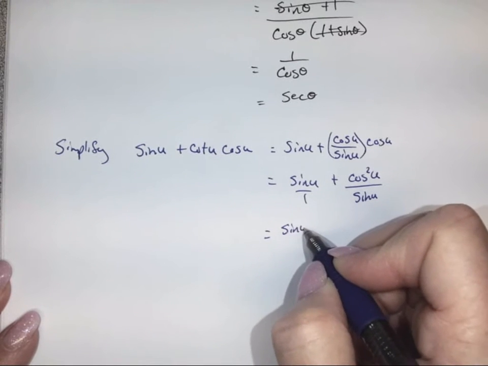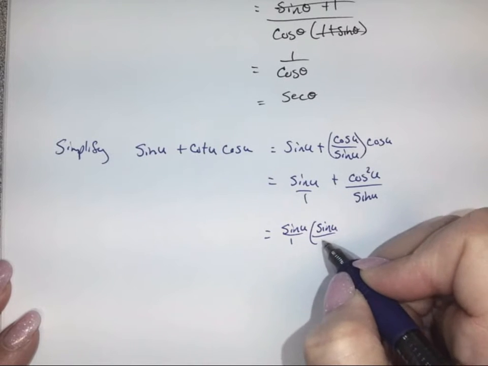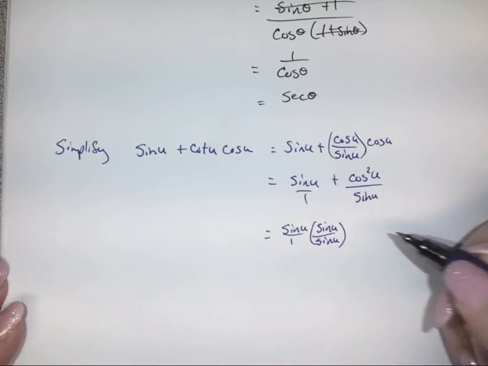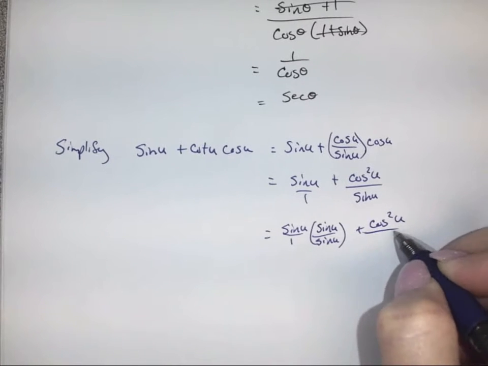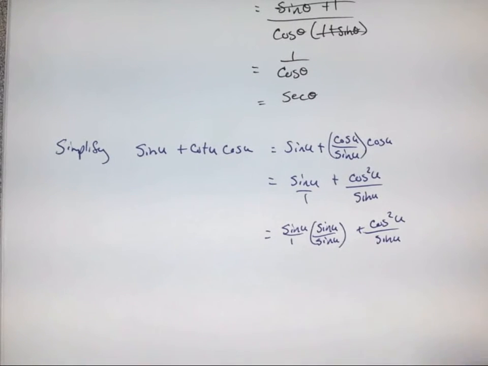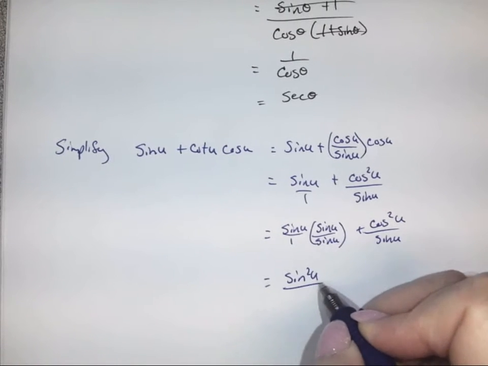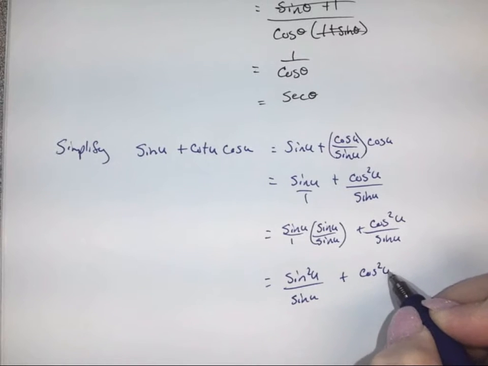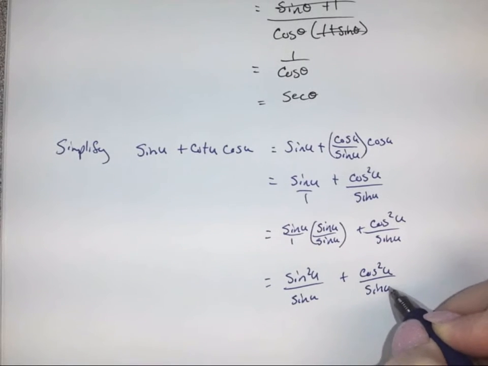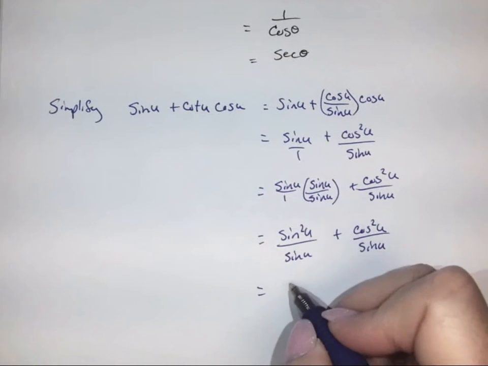So we have the first sine u over 1. We're going to multiply by 1, and 1 this time will be sine u over sine u, plus cosine squared u over sine u. Multiplying those out, we'll get sine squared u over sine u, plus cosine squared u over sine u. We've got a common denominator, so we'll combine our numerators.